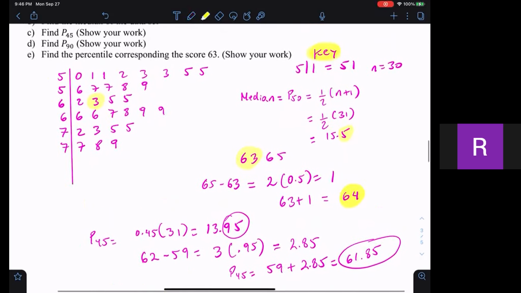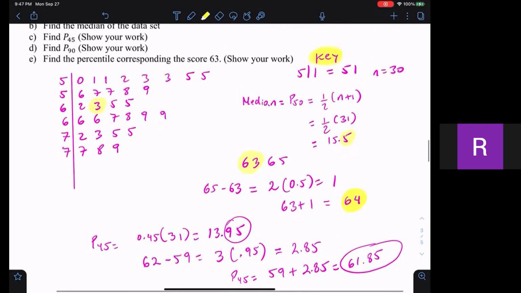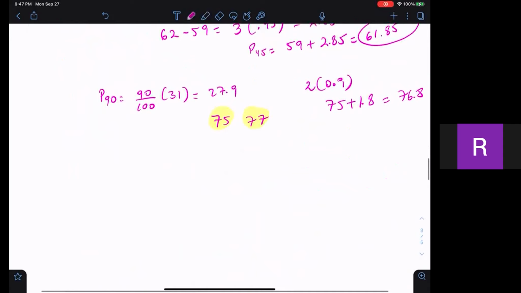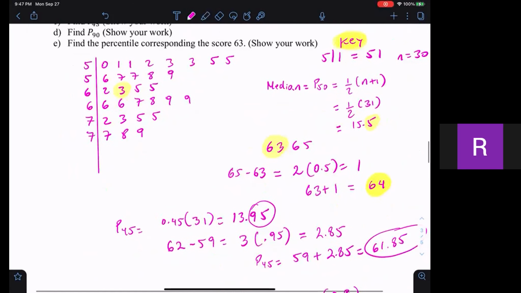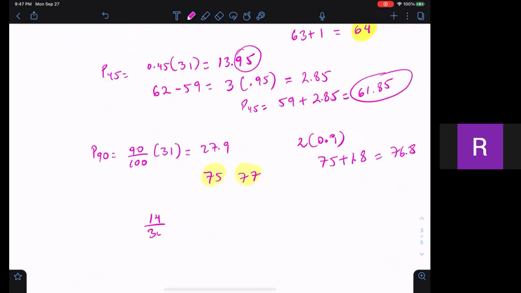So there are 2 ways to understand this. You can think about the values exactly at 63. Because we're doing this interpolation, this is the value of 15, but in this case it's going to be n minus 1, so that's 14. So this is going to be 14 over your sample size, which is 30, times 100. 14 divided by 30 times 100 is about 46.7.